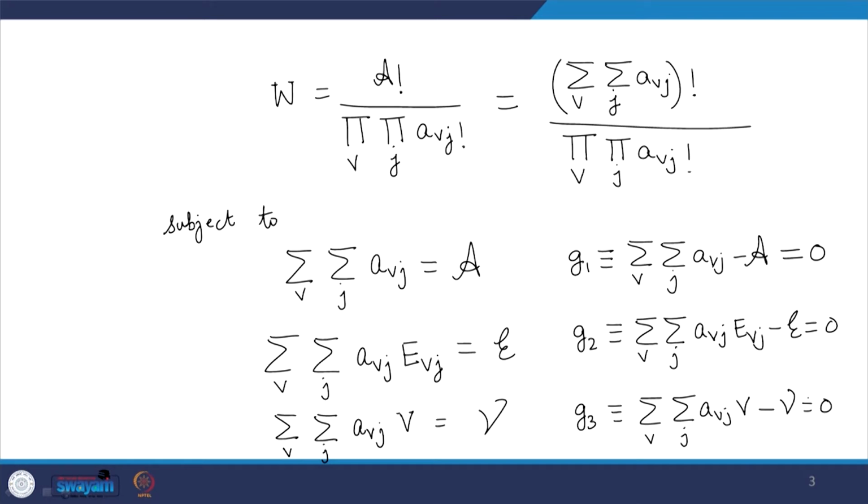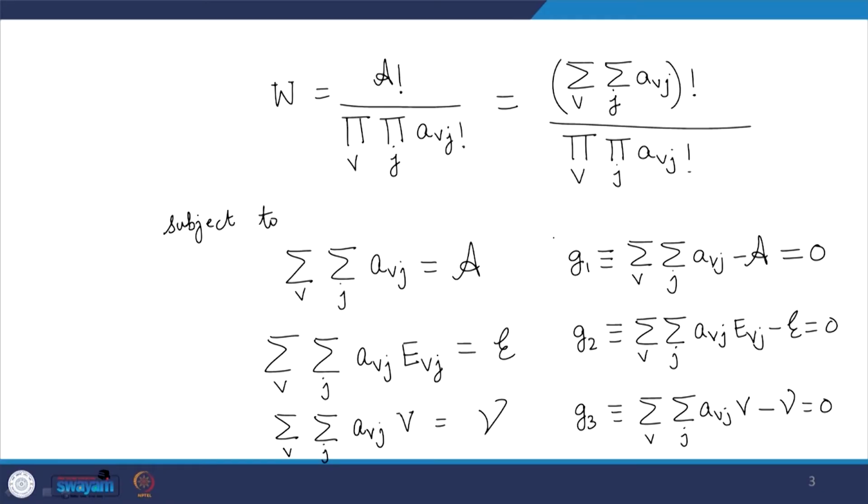Now, these constraints will appear as a Lagrange multiplier in the maximization problem. So, let us define the multipliers as alpha, beta and some theta. This beta is equal to 1 by k_B T as earlier, because the energy constraint is going to be the same as the canonical ensemble that we have done earlier.